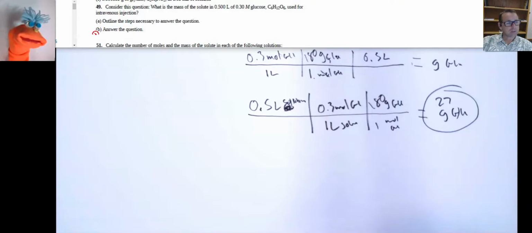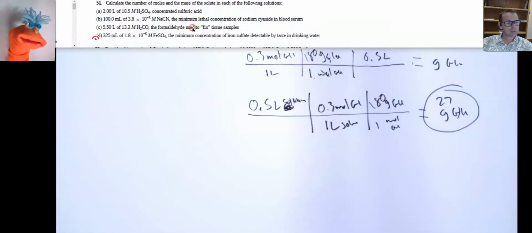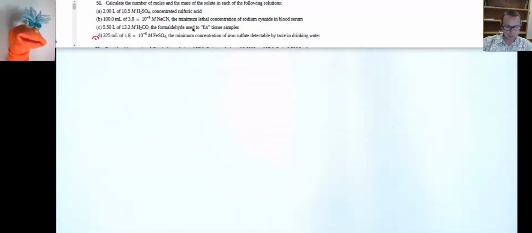Okay, good. 51. Calculate the number of moles and the mass of solute in each of the following solutions. Moles and mass.